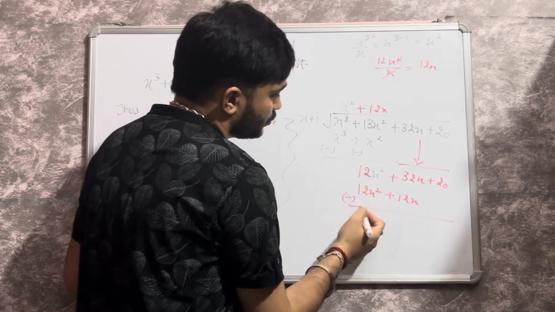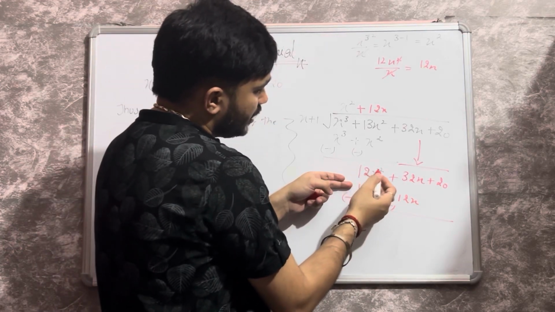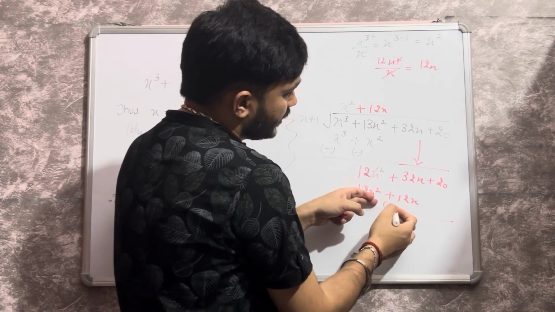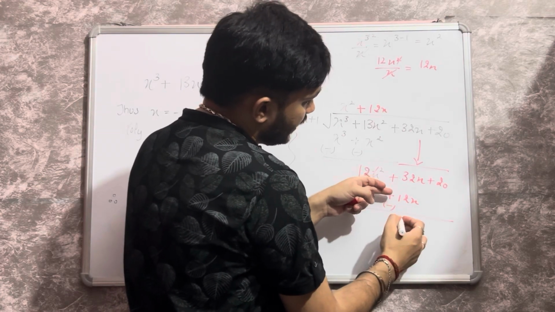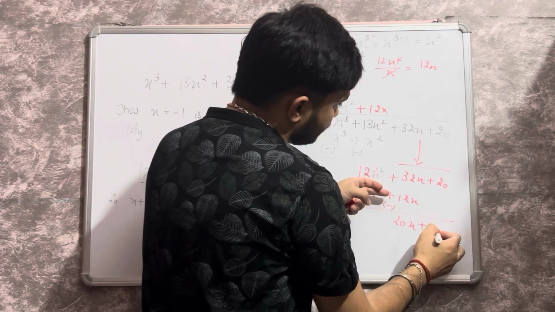Take the opposite sign of it, that is minus minus. 12x minus 12x, you will get 0. 32x minus 12x, you will get 20x plus 20.